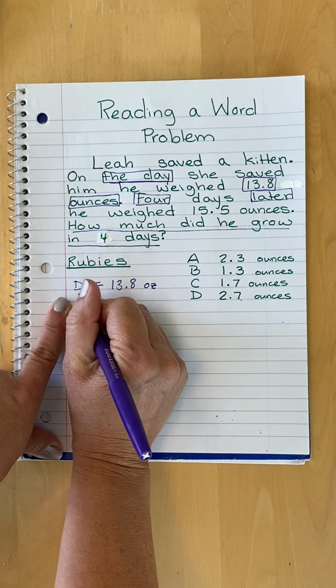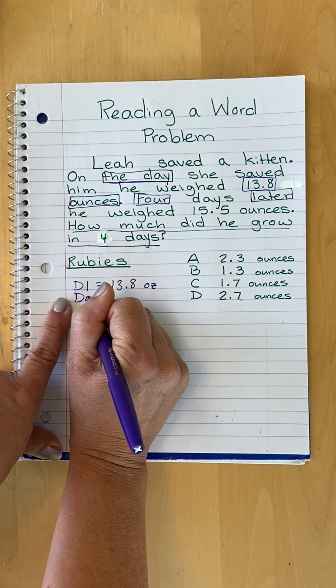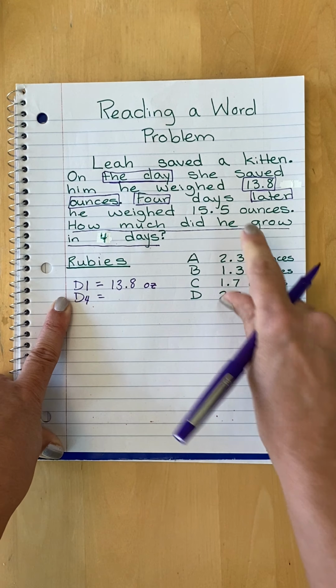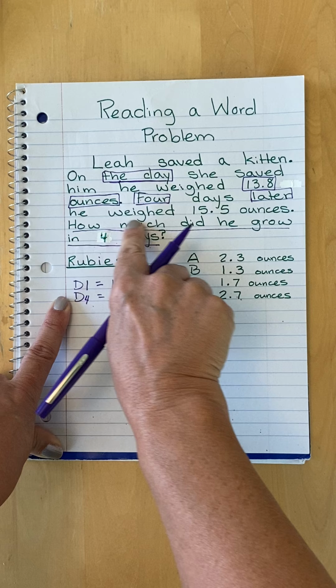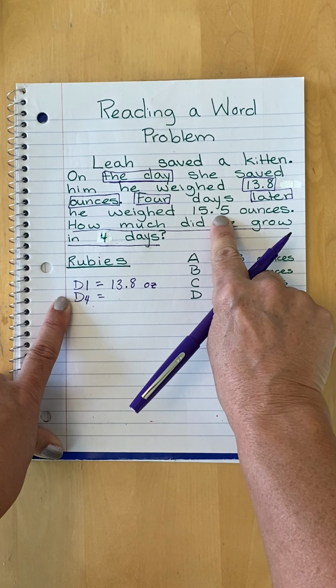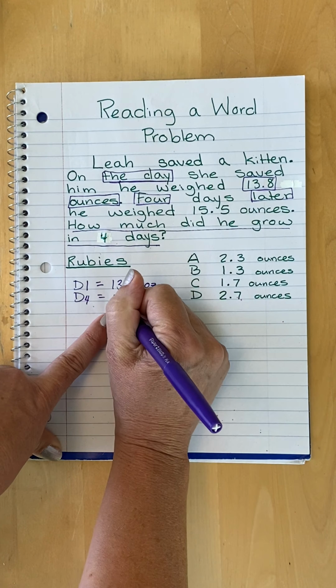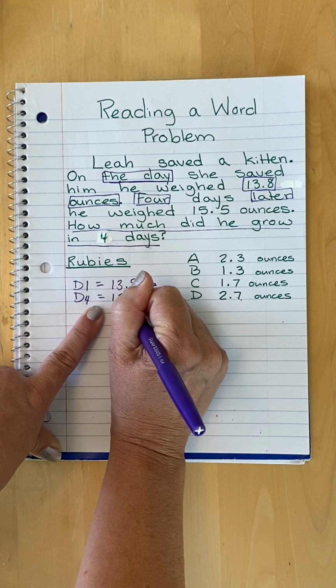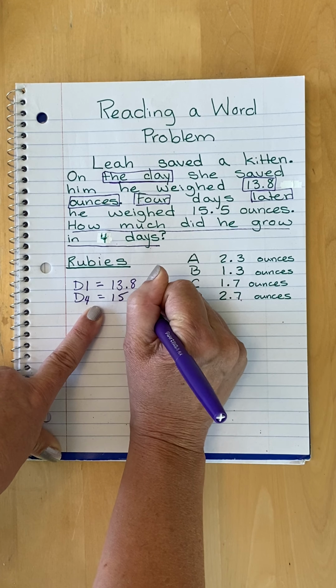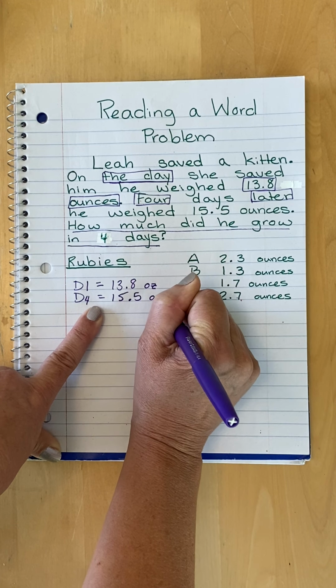So now I can say, okay, on day 4, 4 days later, he weighed 15 and 5/10 ounces. So day 4, he weighs 15 and 5/10 ounces.